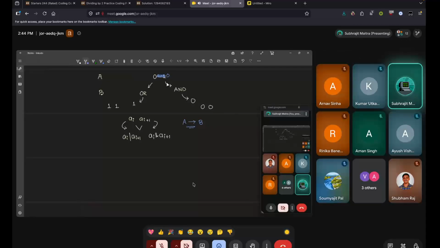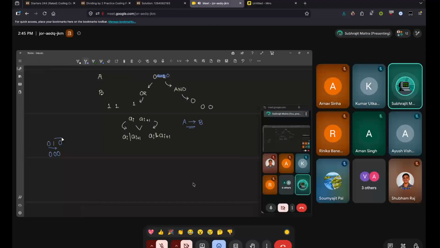That means, think about a binary string, an alternating binary string like this, 0 1 0. Now, I can either stretch this 0 on this side and make everything 0 0 0.